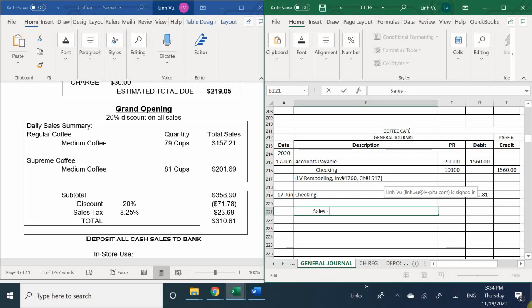So the sales regular coffee is going to be when I make sales by pound. It's your bulk. So cost of goods sold. No, because we're not doing cost of goods sold. We're focusing on the sales transaction. Correct.